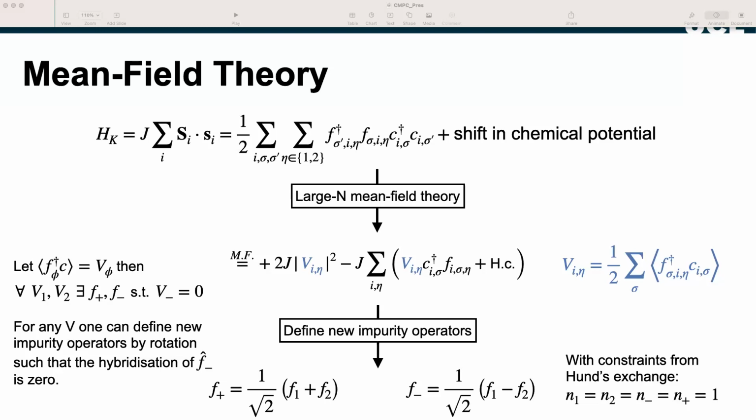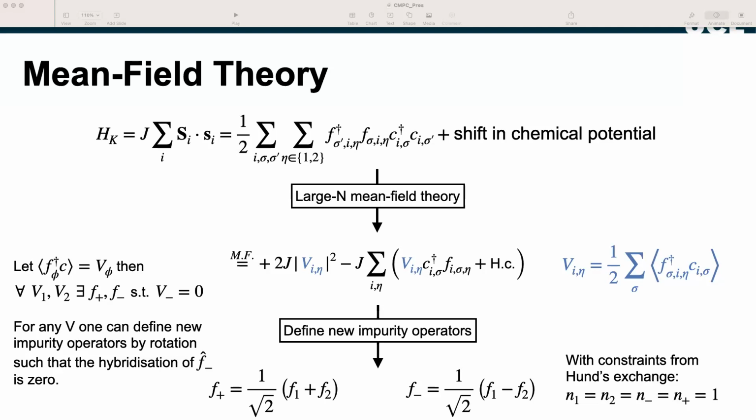So for any V1, V2 you choose, you can always write your impurity operators such that one of them is always unscreened. That's what we call F minus. So we redefine them. And then there's the Hund's exchange, which ensures that the occupancy is 1, which projects out the singlet state.